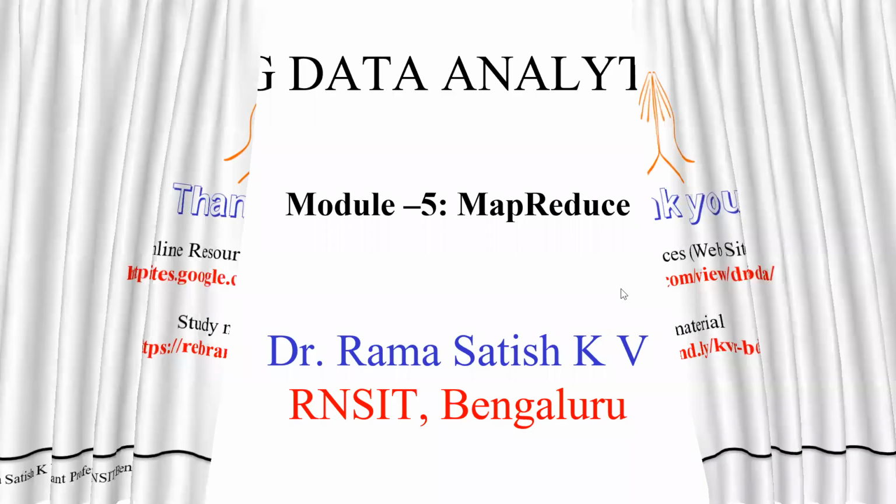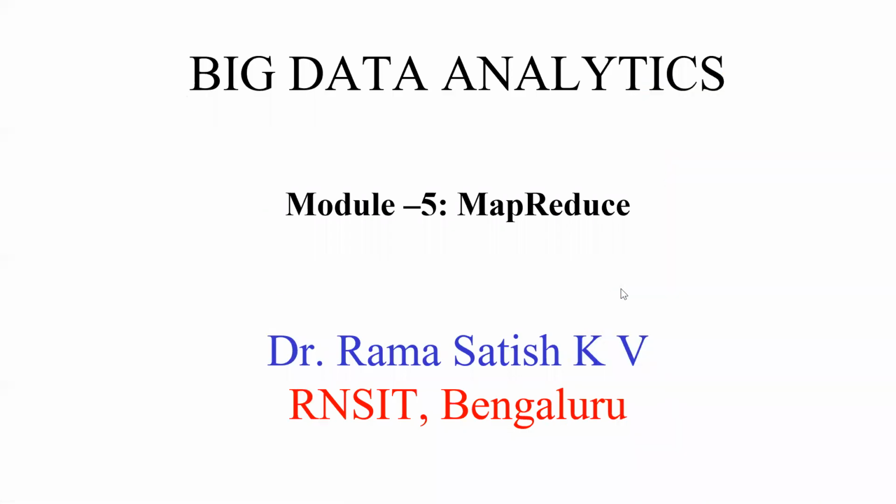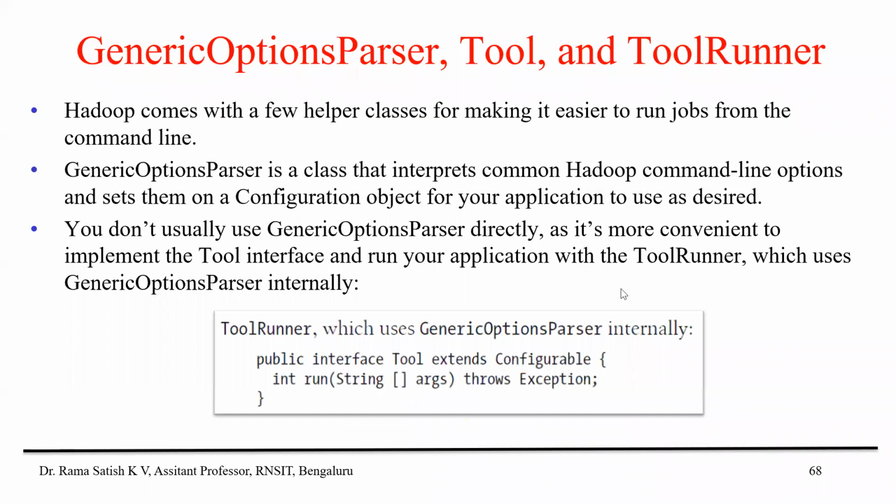We are discussing a generic parser, and we'll discuss testing, how we can do testing in a Hadoop environment. Hadoop comes with a few helper classes for making it easier to run jobs from a command line.